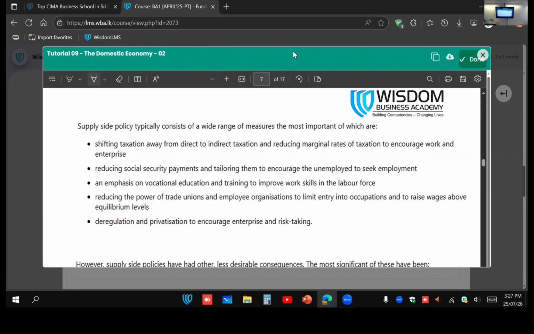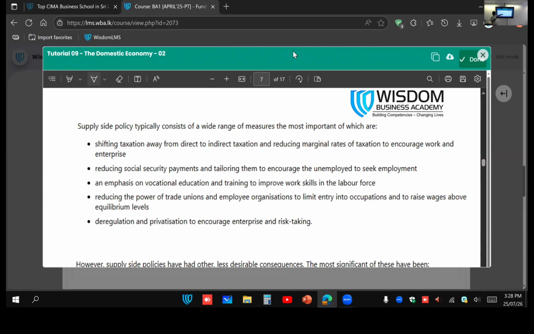Think from the deep-rooted levels. Definitely, when indirect taxes are increased, prices increase. Price increases means what will happen to consumption? Consumption decreases. Consumption decreases means demand decreases. See, everything is linked, right? So it's just a matter of understanding which is the root cause.